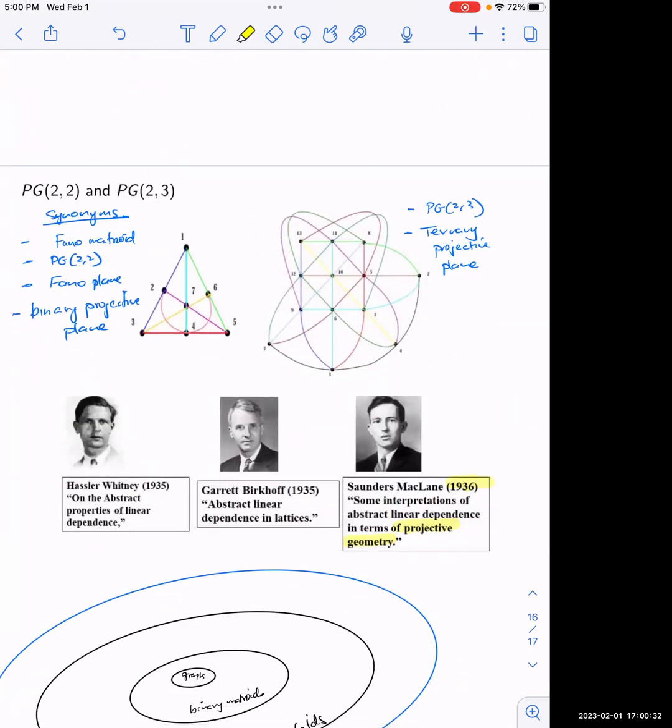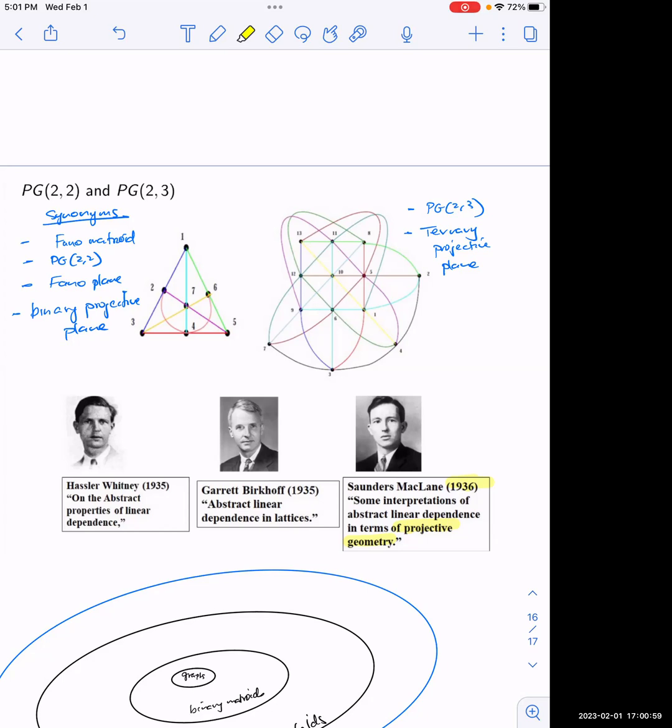And then PG(2,2) is the Fano matroid. And this is the geometric representation of the Fano matroid. These are not graphs, these are geometries. So we have to make that transition from what we were doing earlier to thinking of these in terms of geometries.